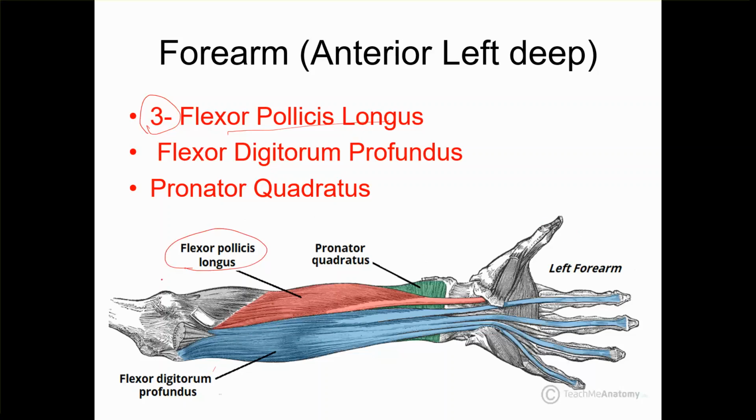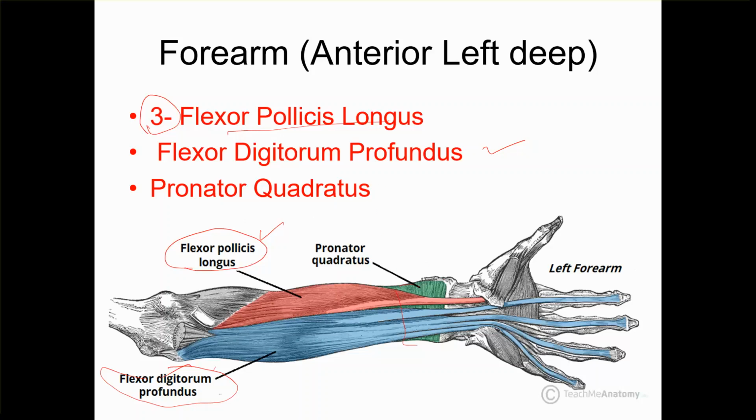So flexor pollicis longus. Then you have flexor digitorum profundus. The location of flexor digitorum profundus is deep to the flexor digitorum superficialis. Then you have pronator quadratus, a quadrangular shaped muscle seen between the radius and ulna, which helps in pronation.